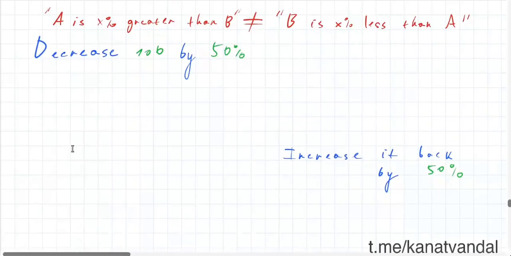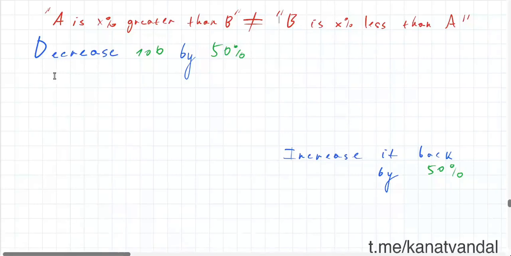I want to bring to your attention that two phrases, a is x% greater than b and b is x% less than a, are not equivalent. You cannot use these two phrases interchangeably, okay? Because, well, you cannot treat percents like this, because percents are relative, okay?